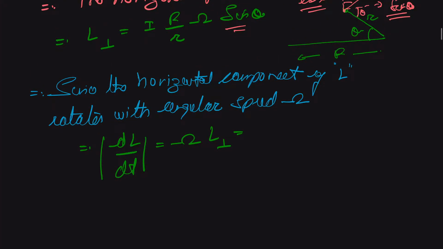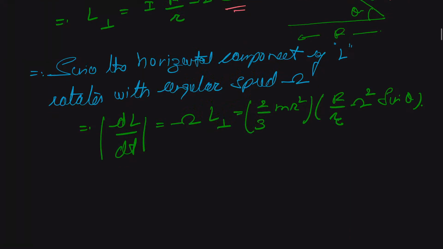So from here we can also put the value of I as 2/3 mr square, and we have this as r upon small r and omega square sine of theta.